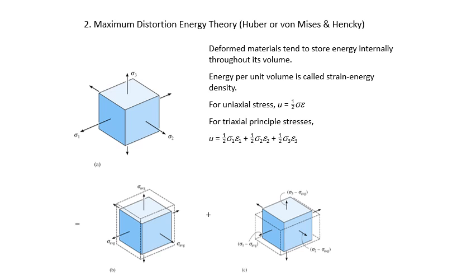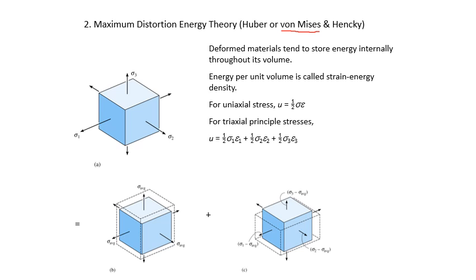The second theory is called the maximum distortion energy theory. Some call it Huber or von Mises and Hencky, but the common name that is used is von Mises. Okay. This is a common theory normally used, especially in finite element analysis.